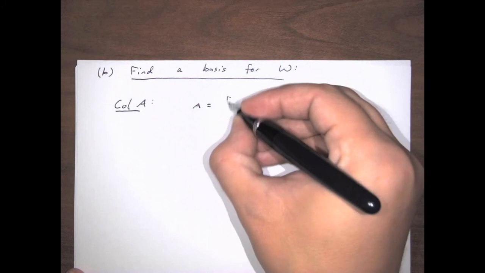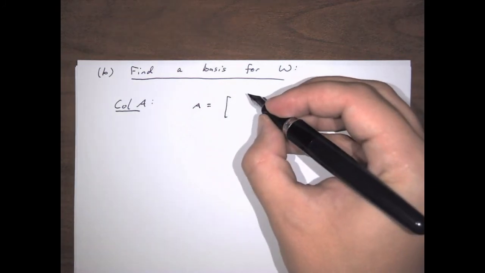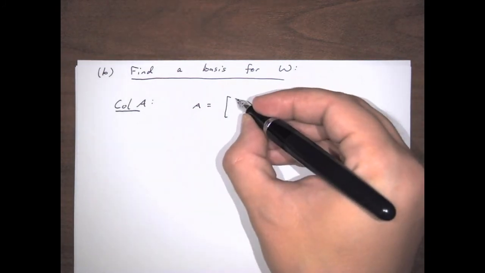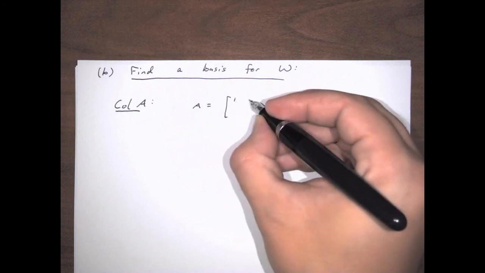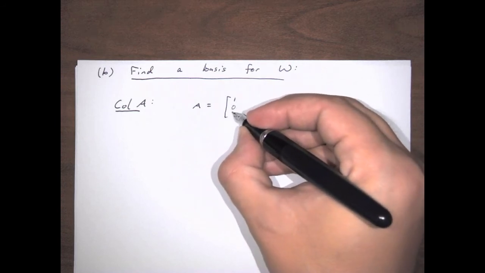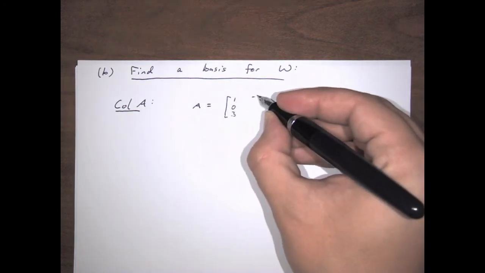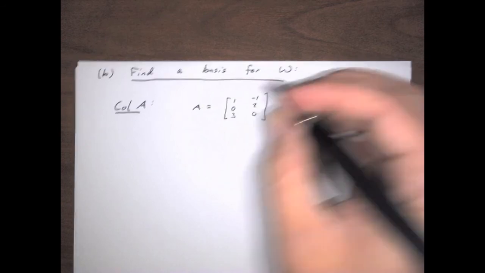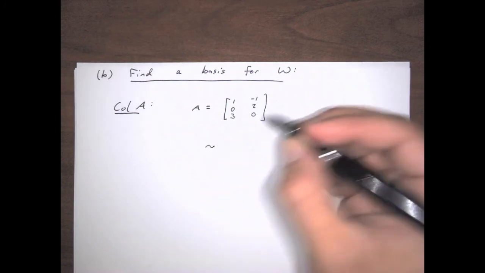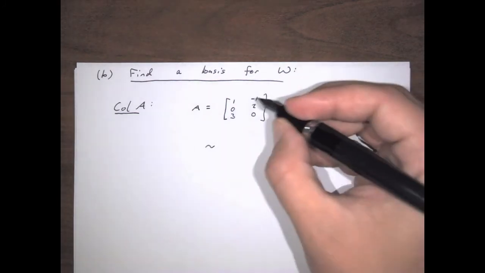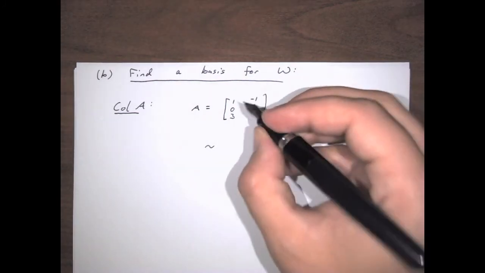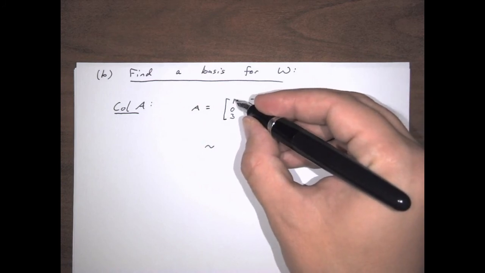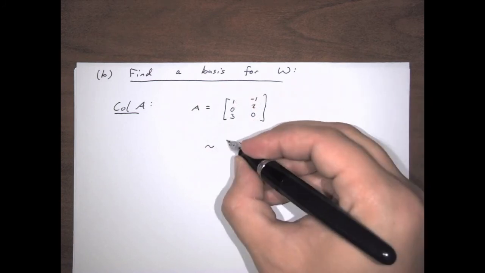So A is equal to, and here we do not need to augment it or anything like that, we just put this 1, 0, 3, negative 1, 2, 0, and we would just row reduce and find the pivots.